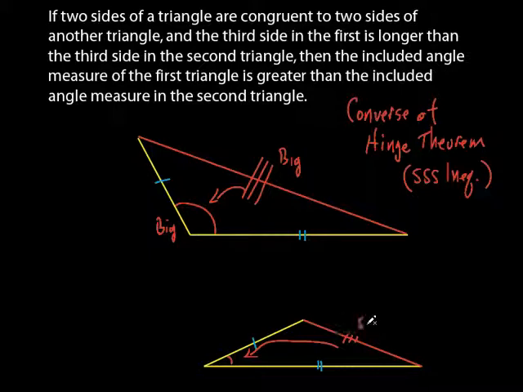This is, let's call it, little. So this is the little side, and guess what this angle is? That's the little angle. All right, so the big angle is opposite the big side, or the big side is opposite the big angle. Either way, that sums up the hinge theorem and the converse of the hinge theorem, or the side angle side inequality and the side side side inequality.